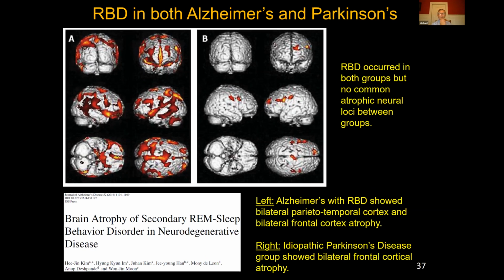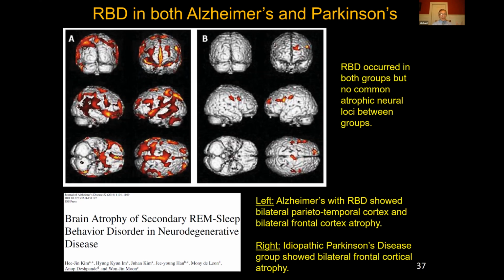a group showing changes in gray matter between Alzheimer's patients and REM behavior disorder patients. So they're taking both groups of patients. They did polysomnography and scanned both groups, and on the left they said, this is all the bilateral atrophy that we're seeing in the Alzheimer's patients.